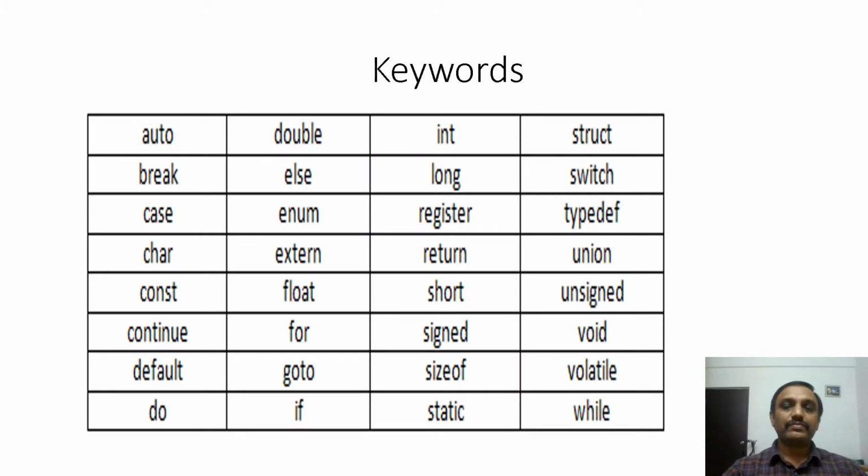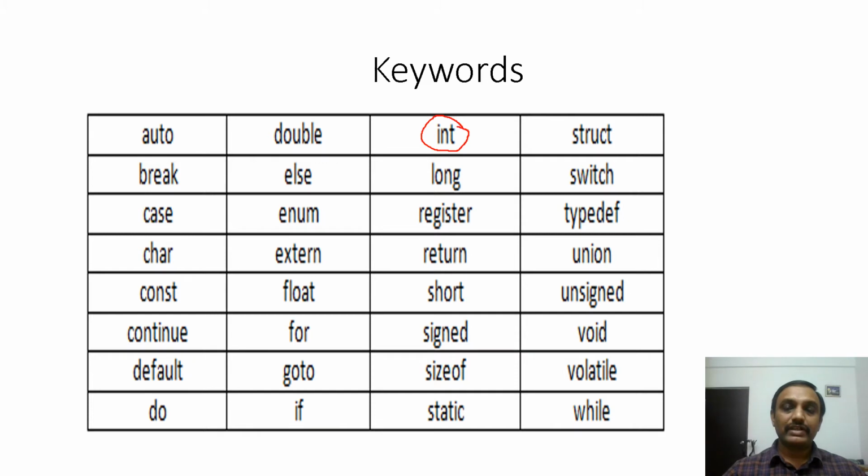C language provides a total of 32 keywords. Each keyword has a specific meaning. We have to use the keyword for that purpose only. You are not supposed to use a keyword for any other purpose. So for example, here int is a keyword.